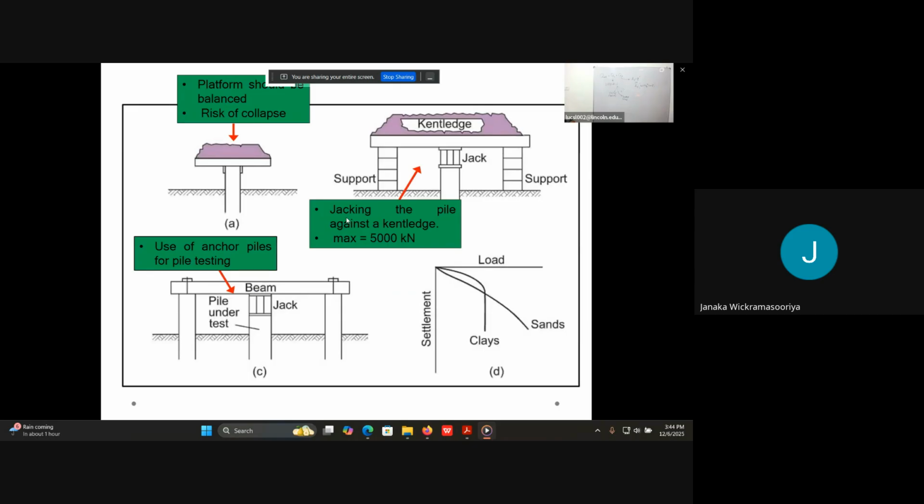These are the photographs showing the jacks, beams and piles, and this is how the test is being done.